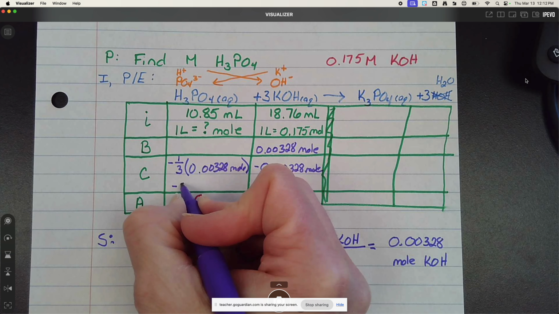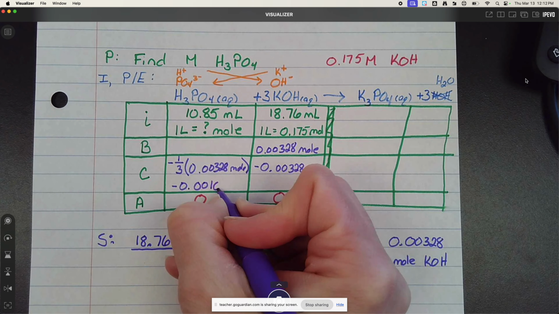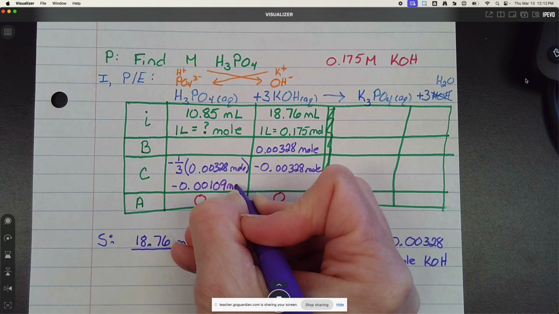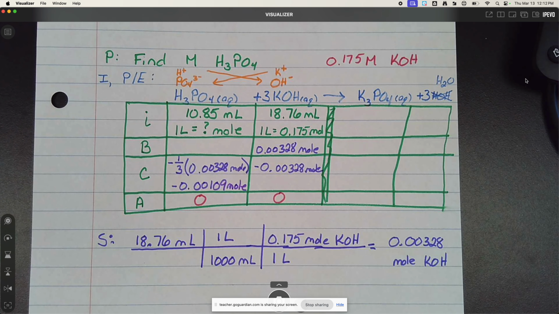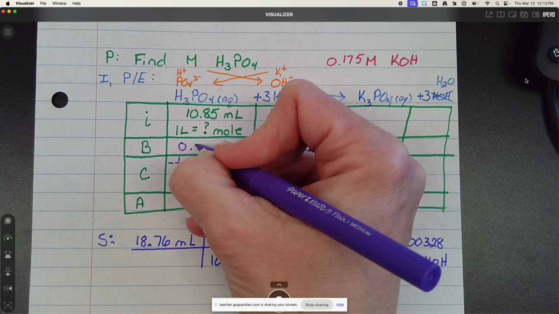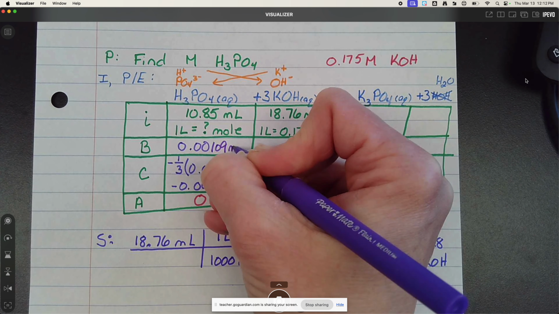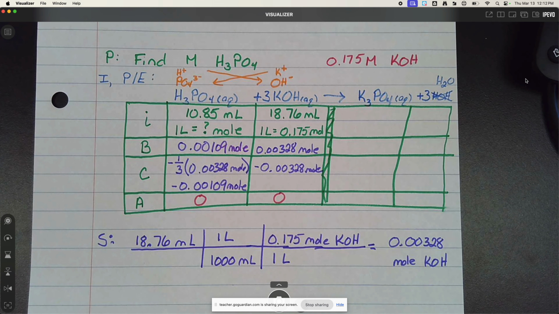So I spent 0.00109 moles of the phosphoric acid. And if I stopped the reaction when I went to 0, that must mean I started with 0.00109 moles of phosphoric acid.